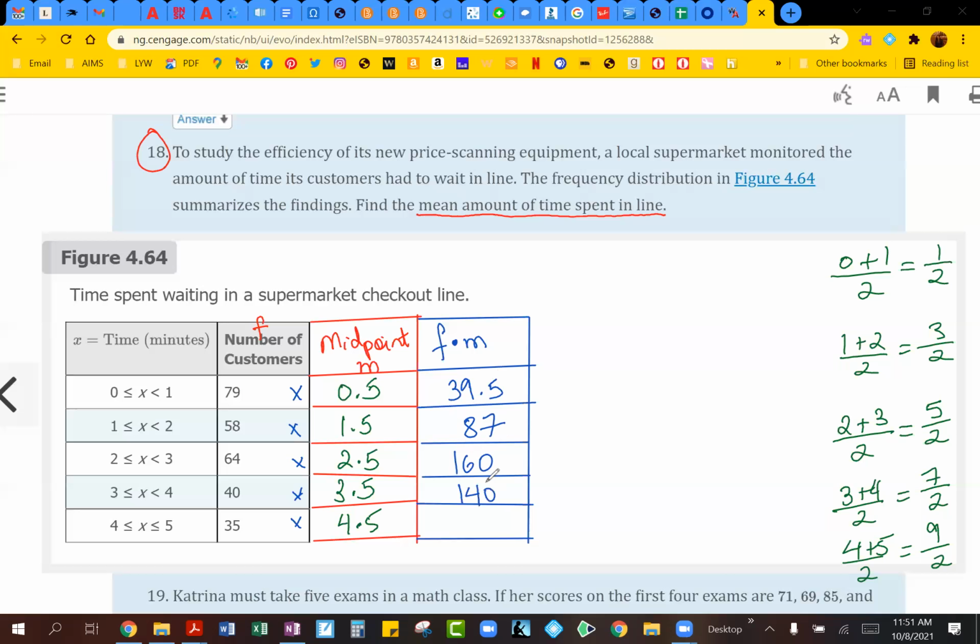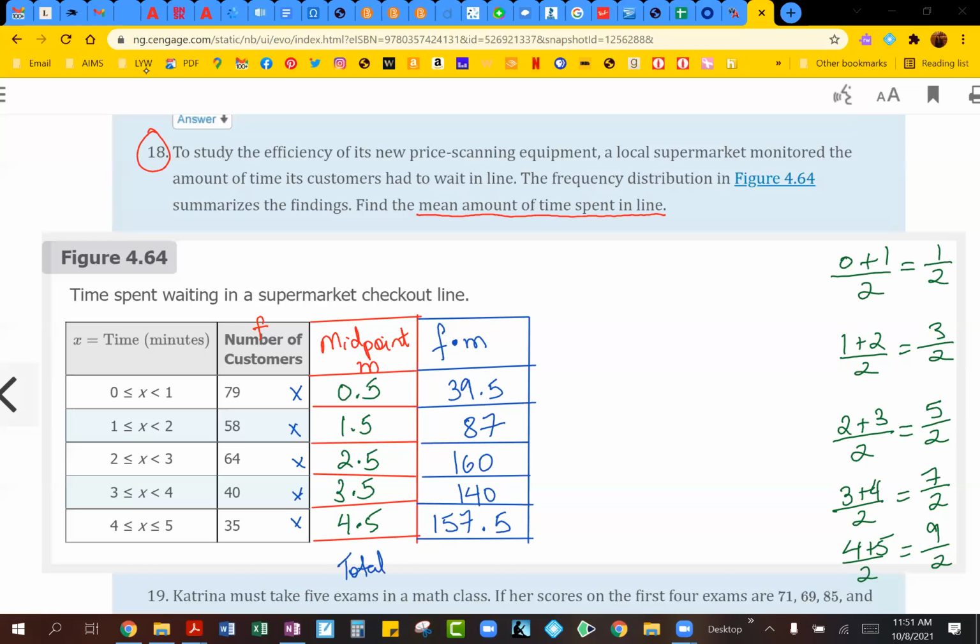So that guy goes up to 140. And then 35 times 4.5 will be 157.5. So that's multiplying the two columns. Now we need to get the total of this column.